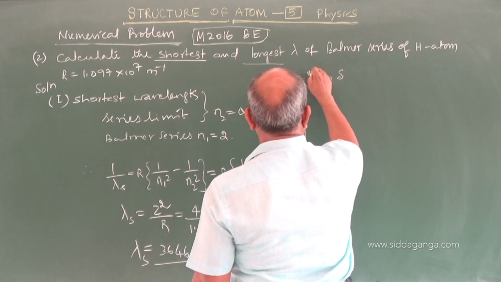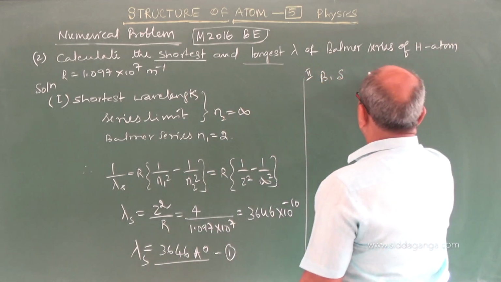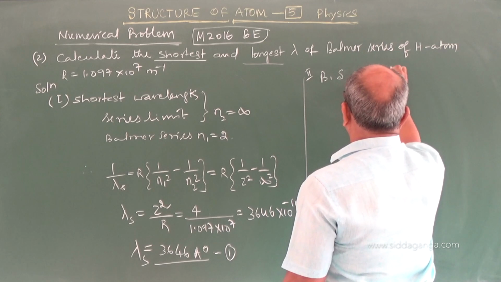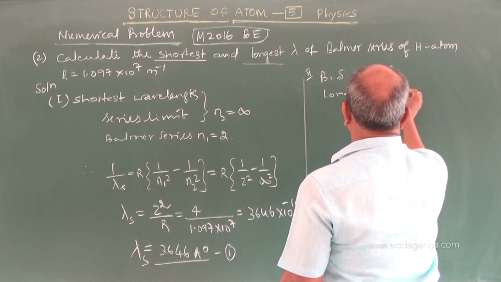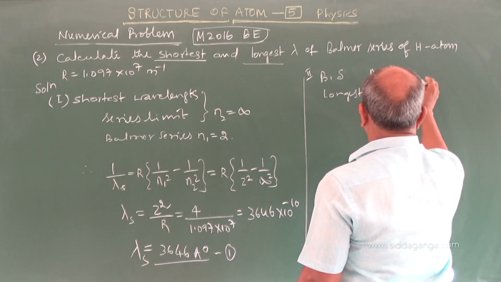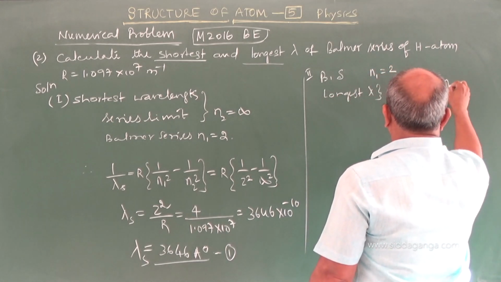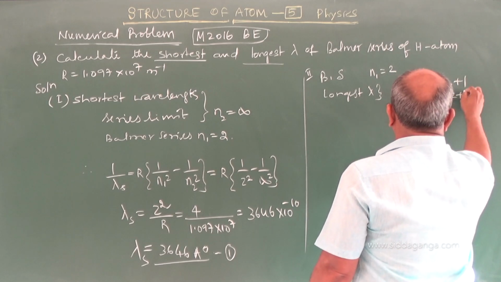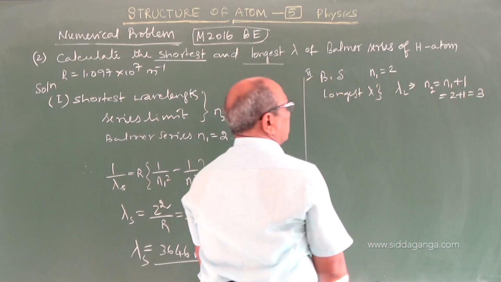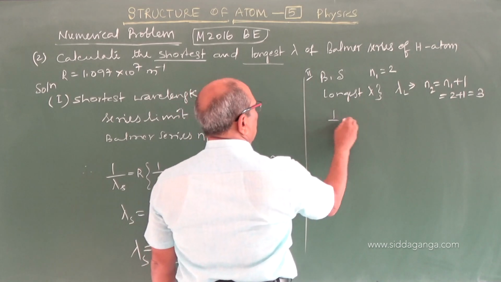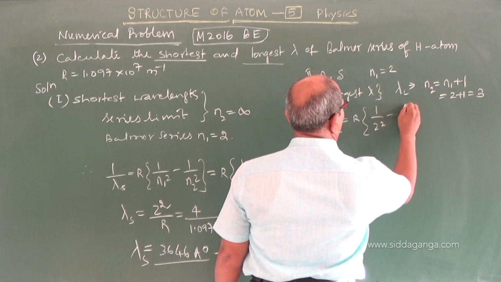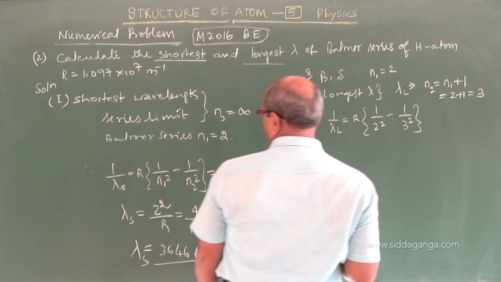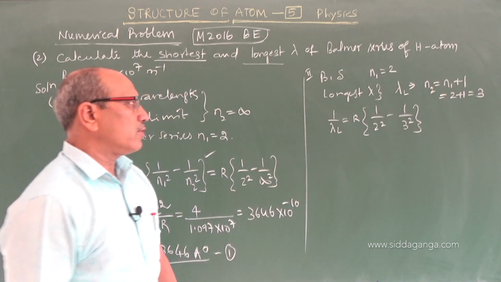Balmer series, the second part. Balmer series n1 is 2. Longest wavelength implies lambda L, responsible n2 is n1 plus 1, means 2 plus 1 is 3, the first member. So 1 by lambda longest is R into 1 by 2 square minus 1 by 3 square, the same formula we used.